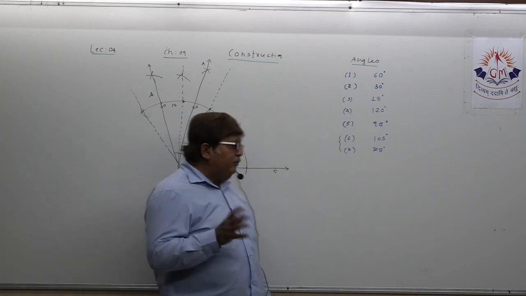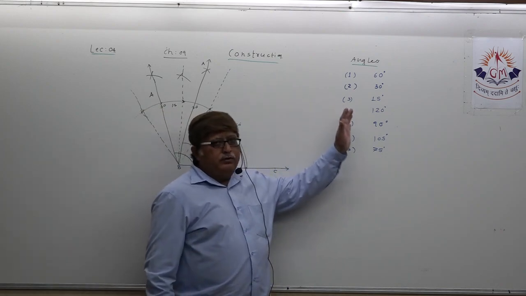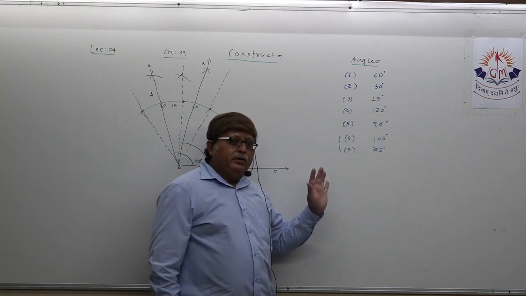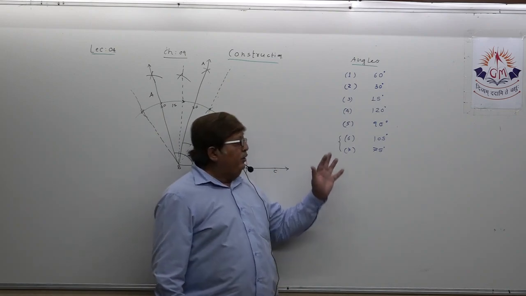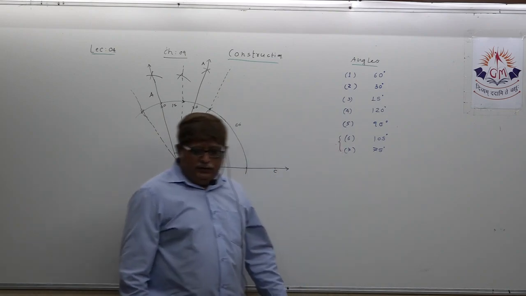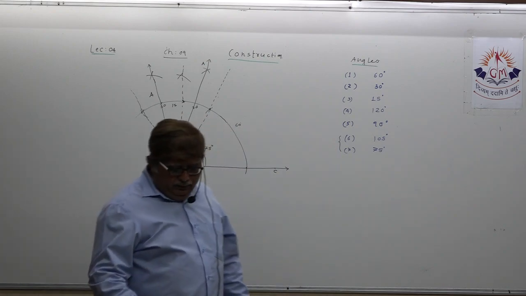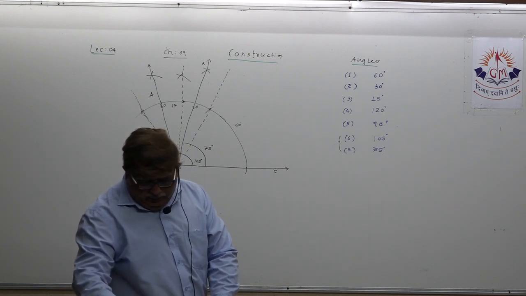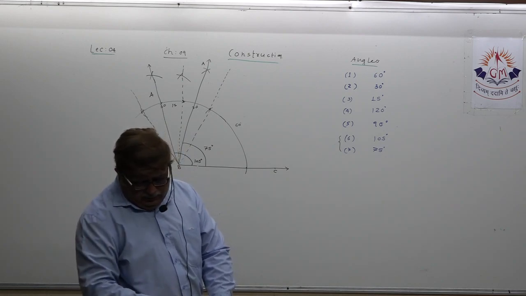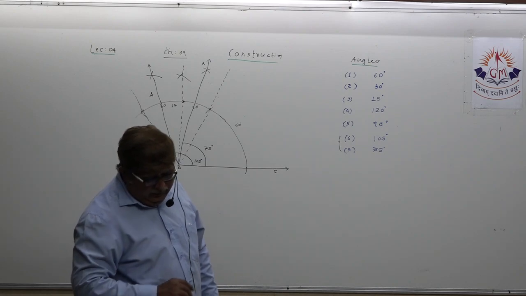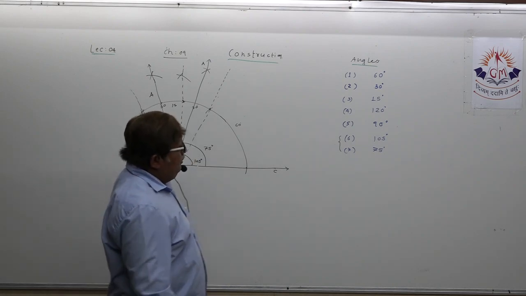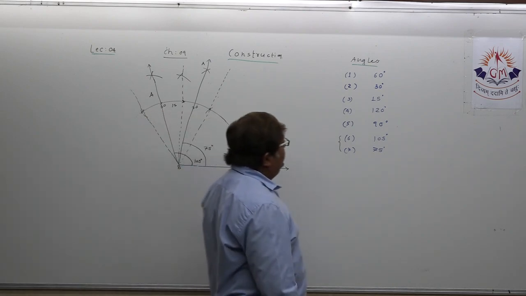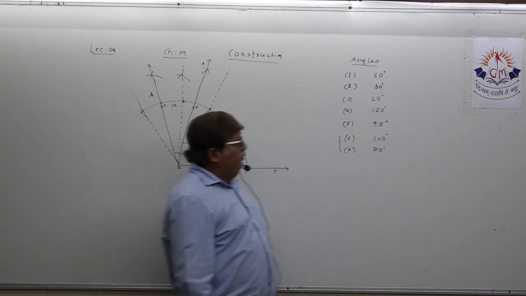At least you need to master these angles: 60, 30, 15, 90, 105 and 75. If the rest of the other angles come, we will learn them, but these basic angles have to be in your mind: 90, 60, 30, 105, 75, 30, 60 and 120.